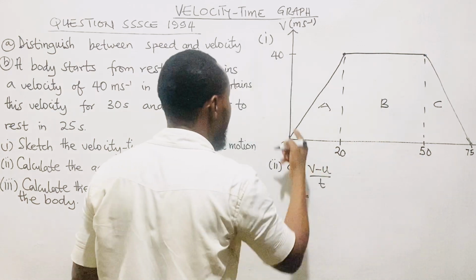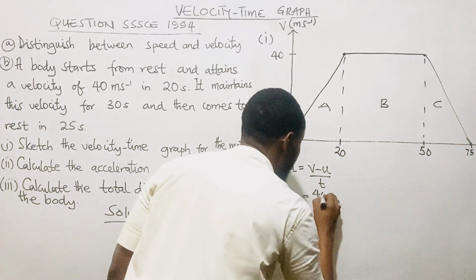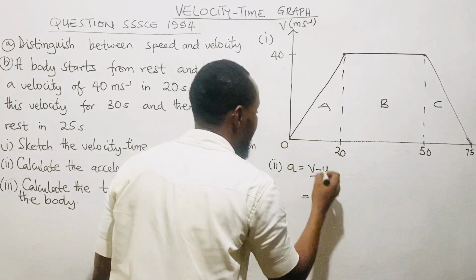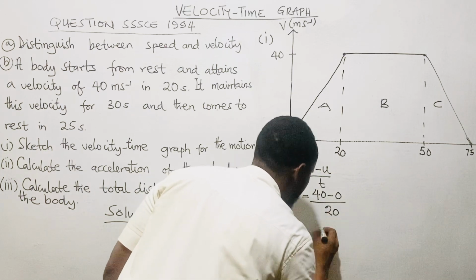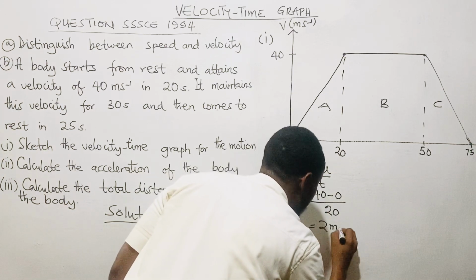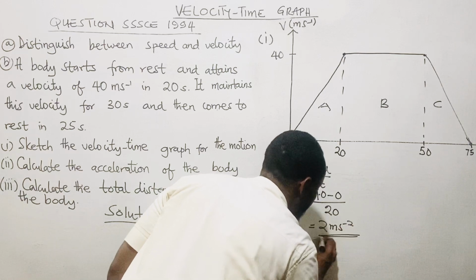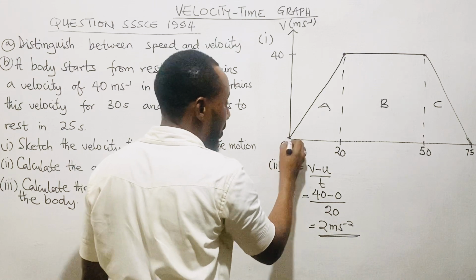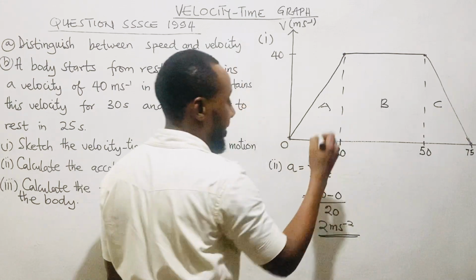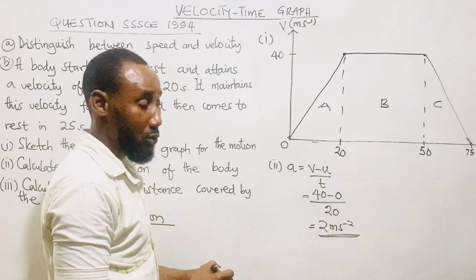So v, the final velocity, is 40, u, my initial velocity, is 0, and t, the time consumed, is 20 seconds. So this gives me 2 meters per second squared.